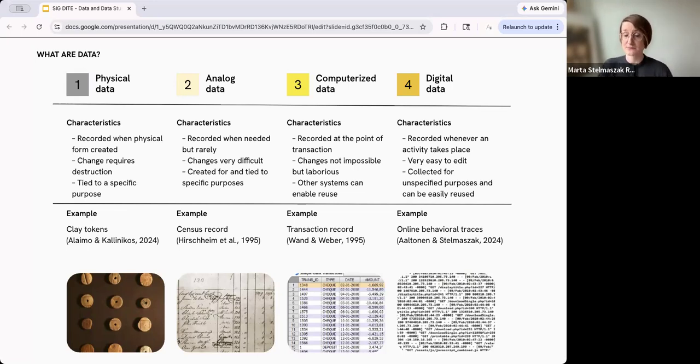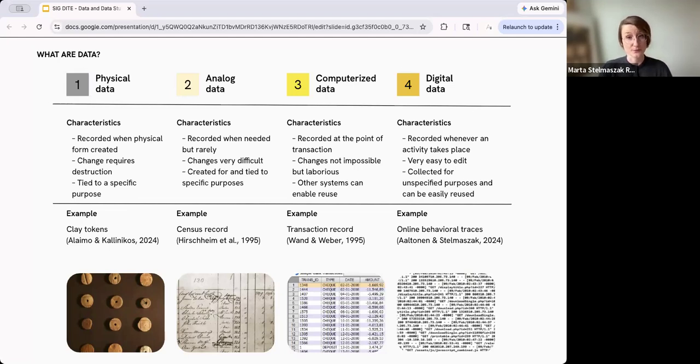So transaction record is something that we used to record in early databases, and for example, also in relational databases. So whenever an organization, a company would have an order placed or sold an item, there would be a record of that created in a database.